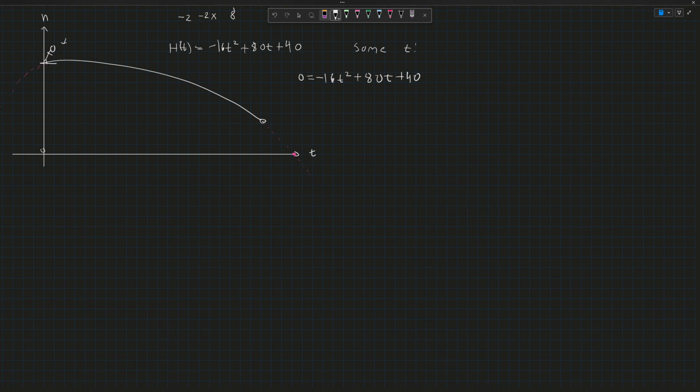Okay, well, it doesn't get us very far, but I noticed that you could technically divide this entire expression by 8, and you would get 0 is equal to negative 2t squared plus 10t plus 5, which is basically the same thing. We're just dividing by 8, excuse me.